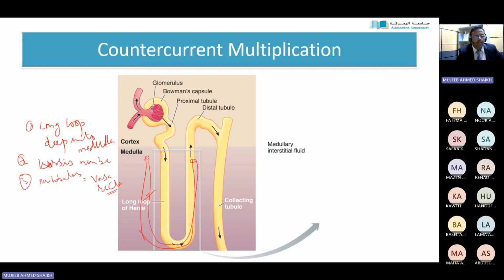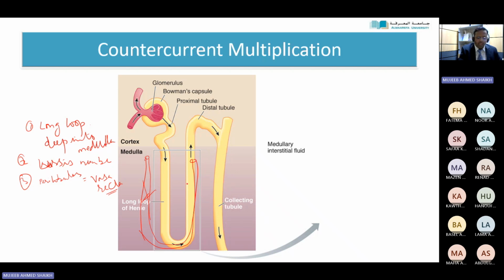They are straight, going down, same as the loop of Henle. Whereas in cortical nephrons, they are intermingling, not straight. These are peritubular capillaries.